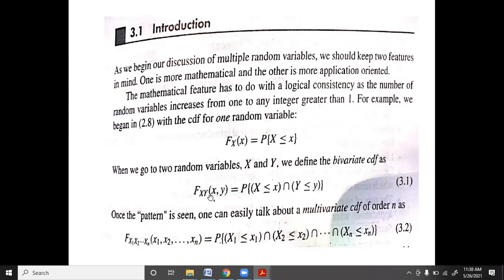Now this can be considered for throwing two different dice together. So if we want in the first dice the value, say, x equal to 3 and the second dice the value equal to 2, then that will give us 3 here and 2 here.